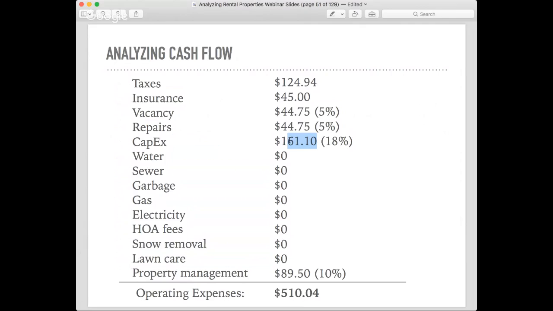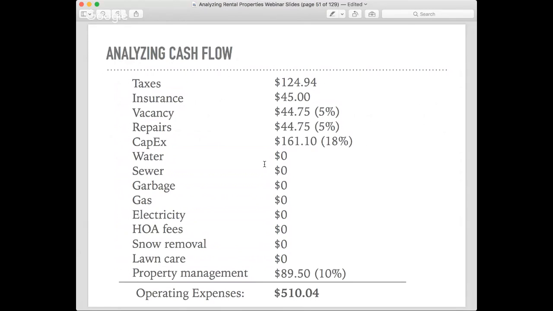When you divide up the cost of a water heater, a fridge, stove, a roof, windows, plumbing, everything, and divide it over the life of those objects, you typically get between $100 and $200 a month. So I chose $161 a month, or 18% on this one. Typically, I usually go between $100 and $200 a month on CapEx, unless I'm going to fix the property up completely, then maybe I'll do a little bit less. But in this case, I'm doing 161.